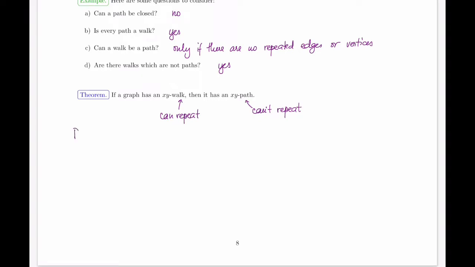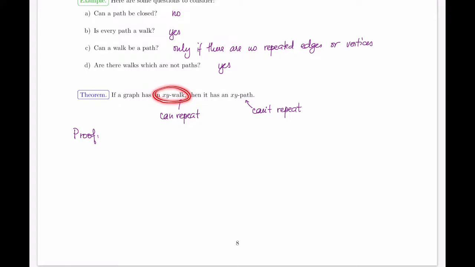Now, for the proof, let's think about where we're starting. It's actually going to be a direct proof. So I literally will construct a series of logical connections, starting with the fact that I have an xy walk and deducing through a series of implications, therefore, that it has an xy path.